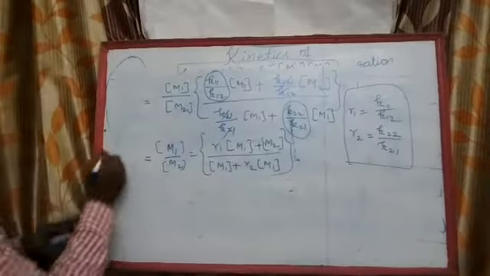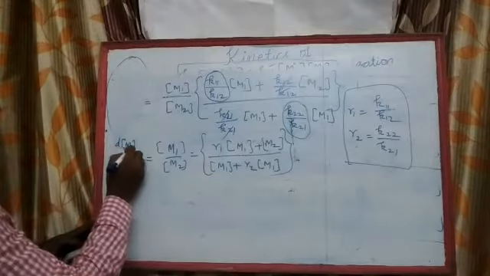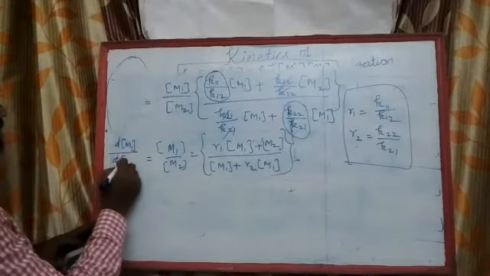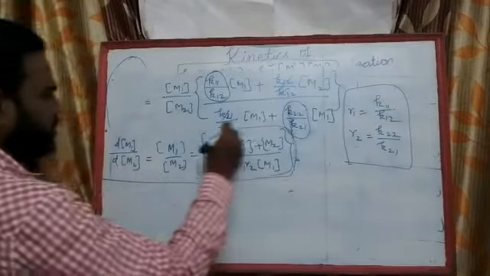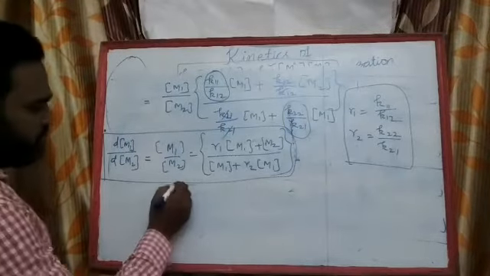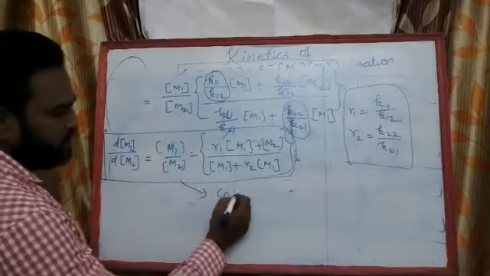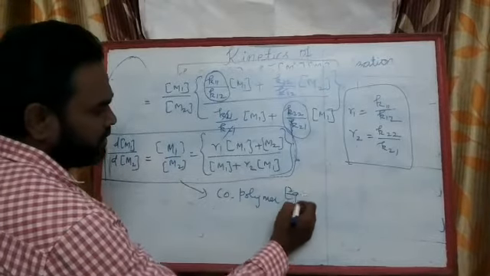What is this equation? It involves the ratio of reactivity of the first monomer to the second monomer. So this final equation is called the copolymer equation.